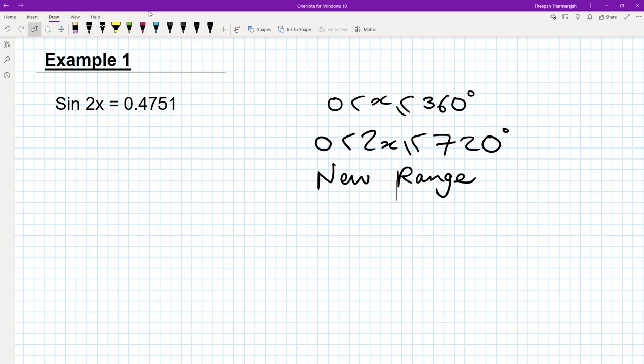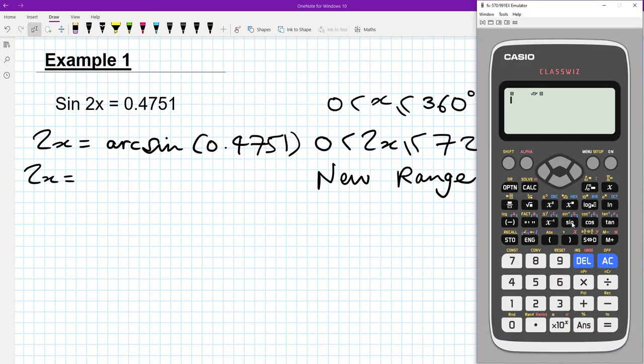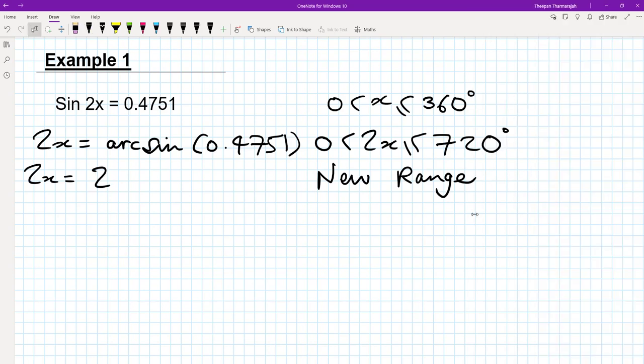We solve this by saying 2x is equal to arc sine 0.4751, and we can solve that here. So we can do shift sine 0.4751, and that will give me 28.4 degrees.